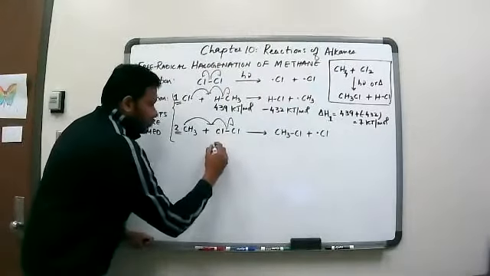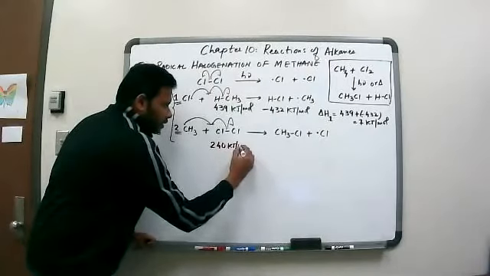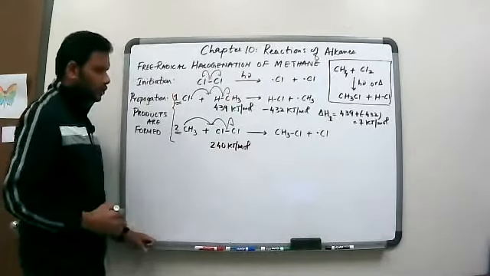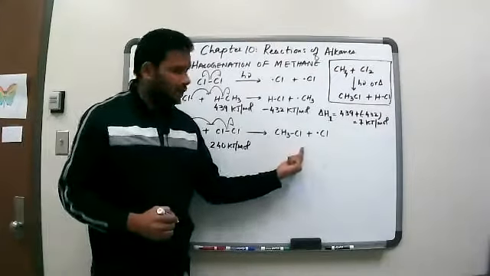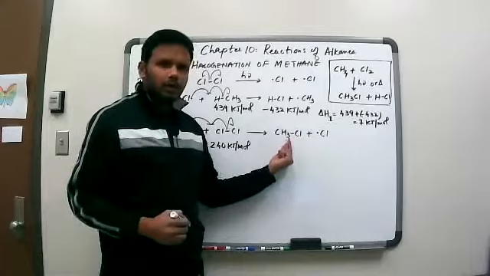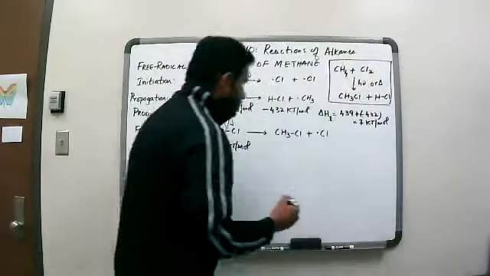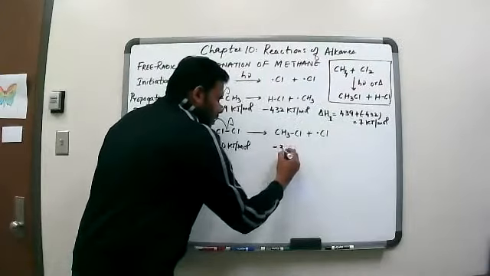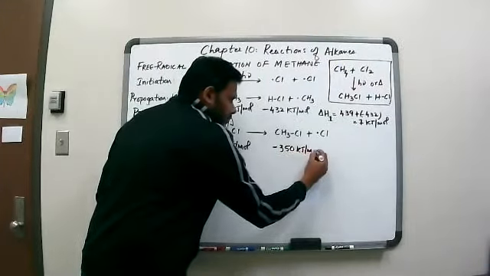This number for Cl2 from that table is 240 kilojoules per mole. On the product side, we are making a methyl chlorine bond, and the energy that's released here is negative 350 kilojoules per mole.